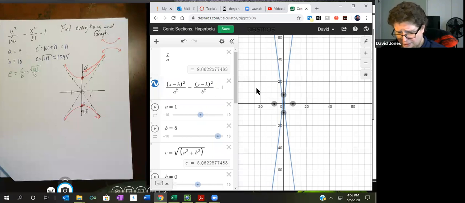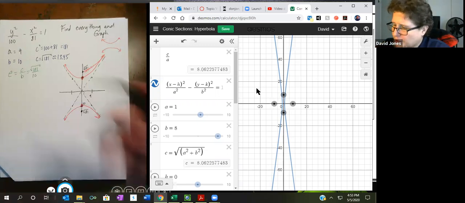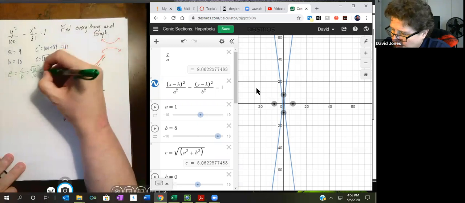My old lecture notes are bad. Oh, I said over 10. Yeah, it's over 10. It's over the positive one. That's what's wrong with my old lecture notes. I put it over the wrong one. Oh, no, I got two sets of notes. There we go. Okay, so this is about 1.3.